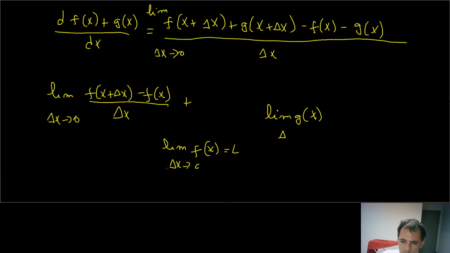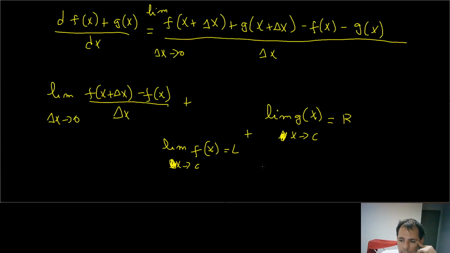Oh, hold on, I made just one little mistake here. Forget about this delta. So the limit of f of x as x approaches c is going to be L, and the limit of g of x as x approaches c, the same x approaching the same thing, is going to be equal to r, for example. You see the limit in here exists, and the limit in here also exists. So if you add these two limits, it's the same thing as L plus r.